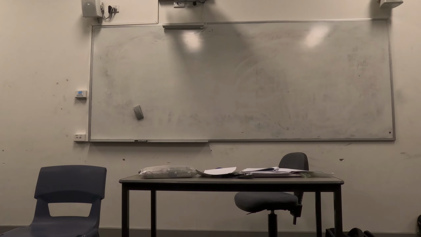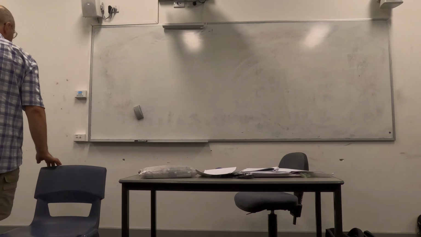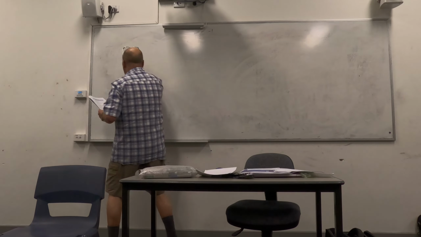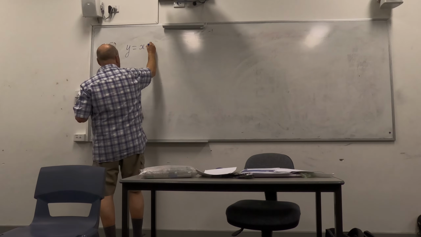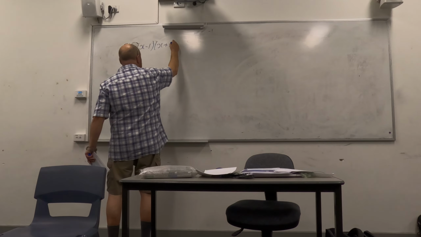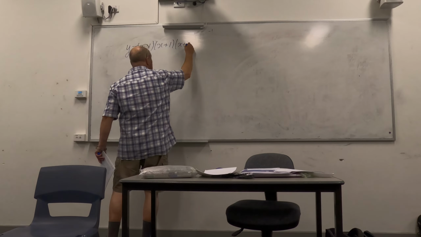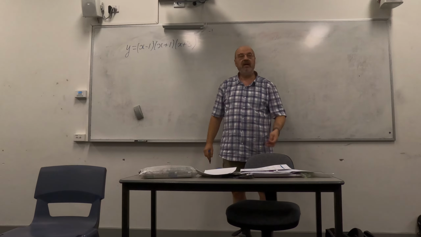So today we will learn how to sketch graphs of cubics when they are in factorized form. If you have a factorized cubic, for example, y equals (x minus 1) times (x plus 1) times (x plus 3), what can we identify straight away?